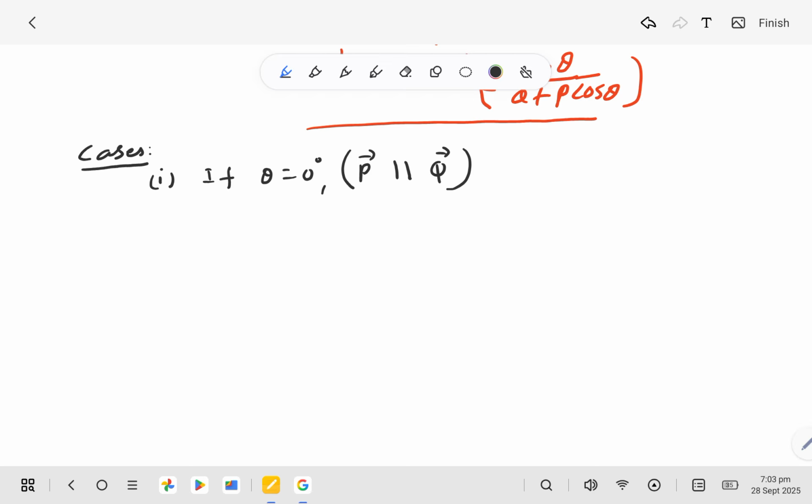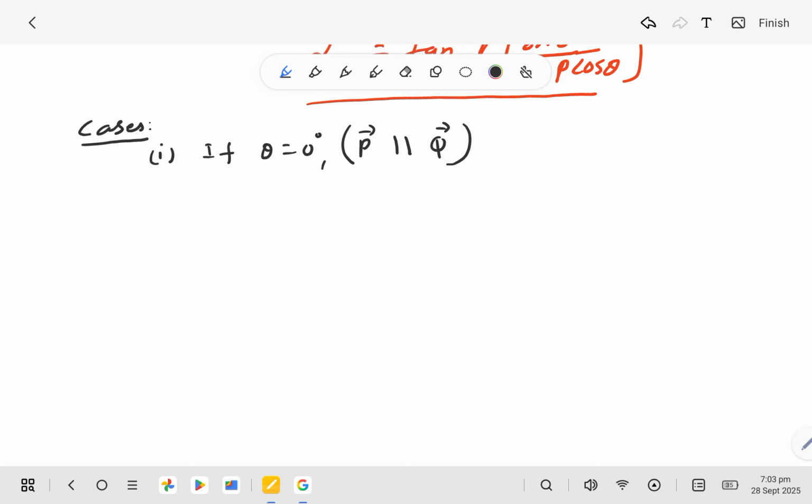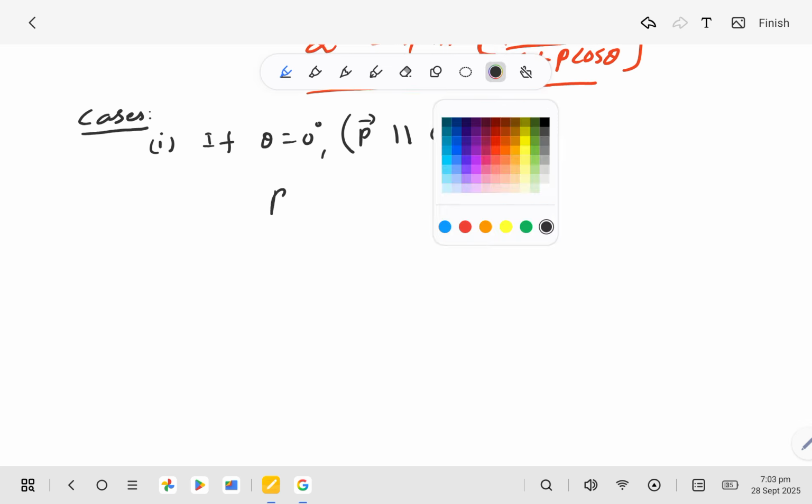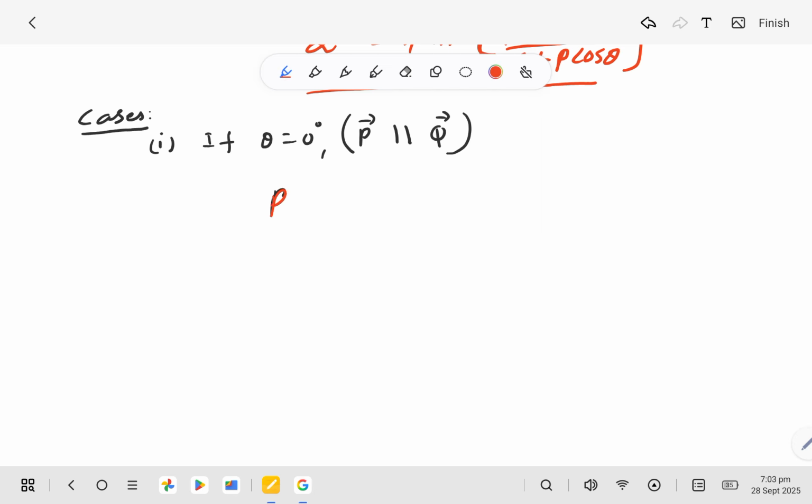We can use the law of the parallelogram. We know that R equals under root P square plus Q square plus 2PQ cos theta.